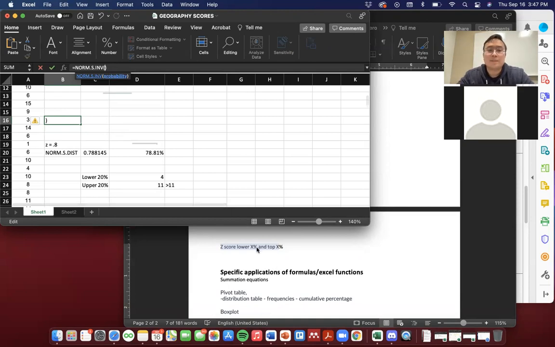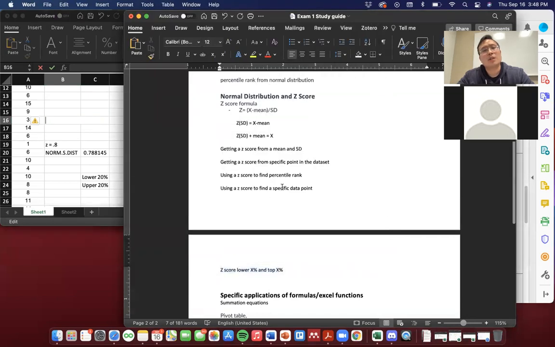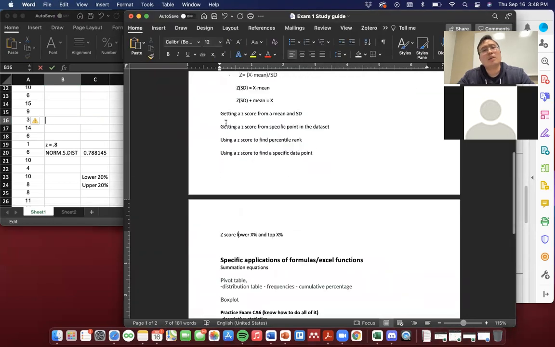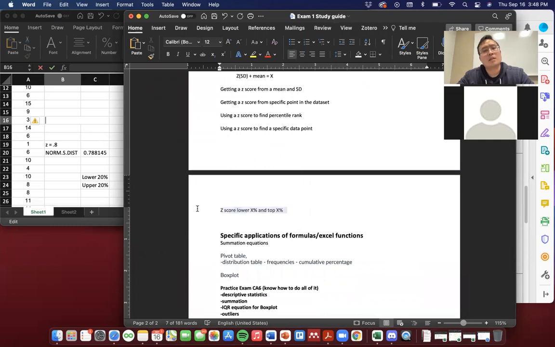Why did I write this out? Maybe it's telling you to get the z-score and it gives you percentage. Well, I think I've been talking about z-score so much that I repeated something, because I'm pretty sure everything we talked about tackled this.